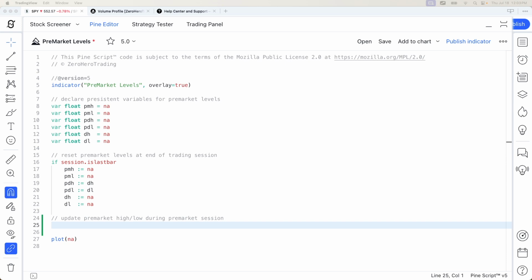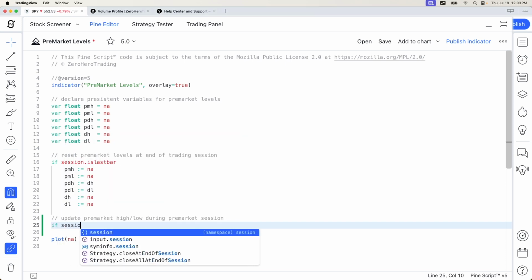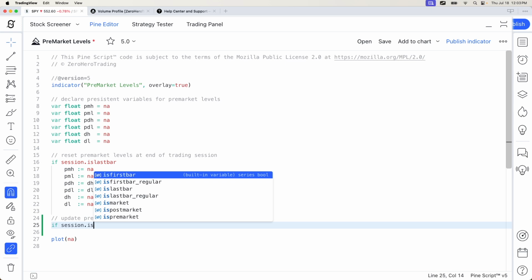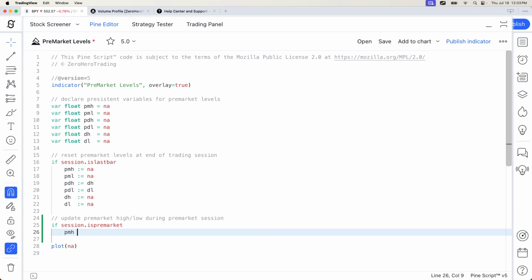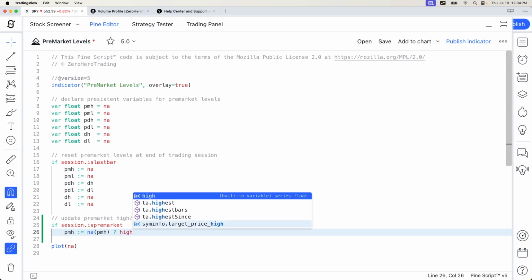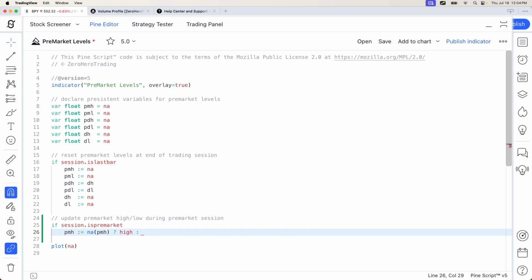Now we need to update pre-market high low during the pre-market session. So if session.ispremarket, PMH, pre-market high, should be equal, if na PMH, in that case, it should take the value high, else it should be the maximum, math.max, of the current PMH value and the high.